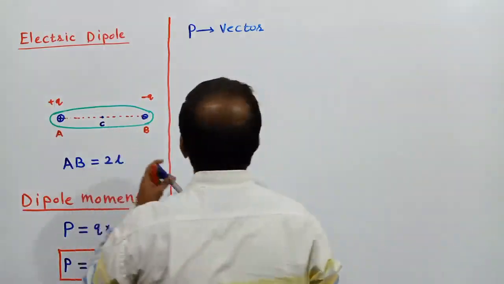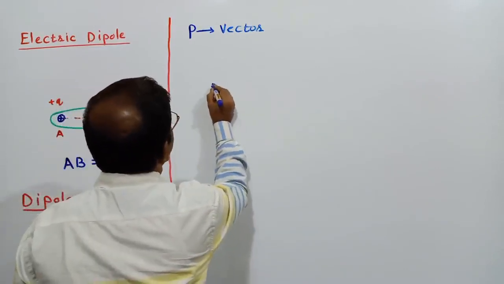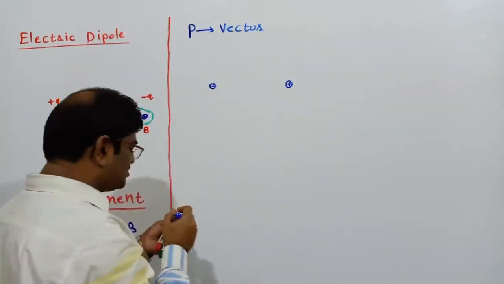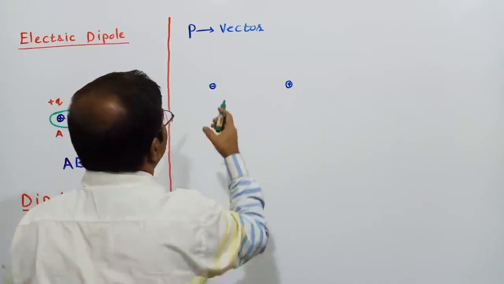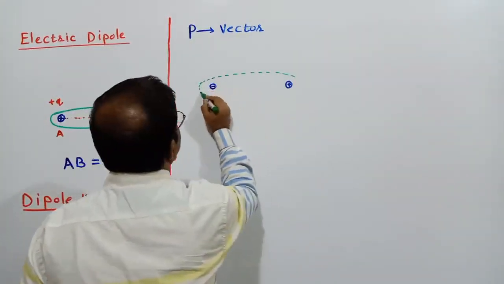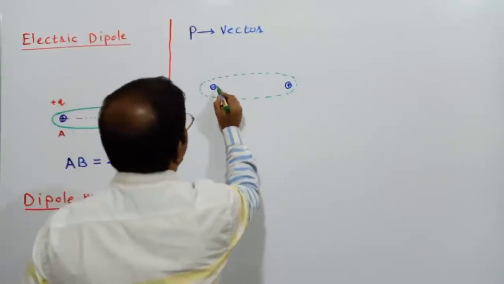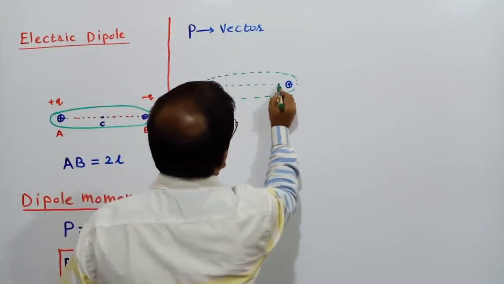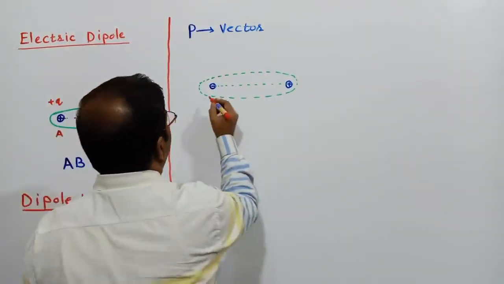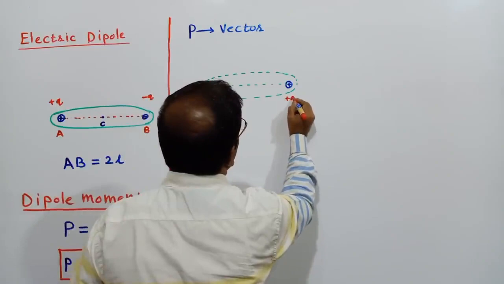The same figure I would like to draw once again. Here I have got the charges of the dipole, negative charge and positive charge. This system of equal and opposite charges I call a dipole. In this system, the two charges are separated by this distance which I have already shown. The magnitude of this charge is minus q, and the other charge is plus q.